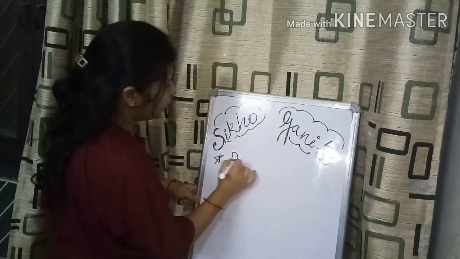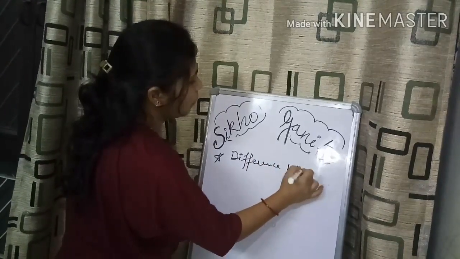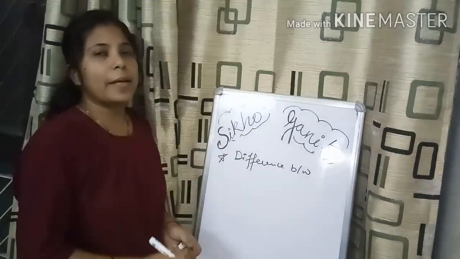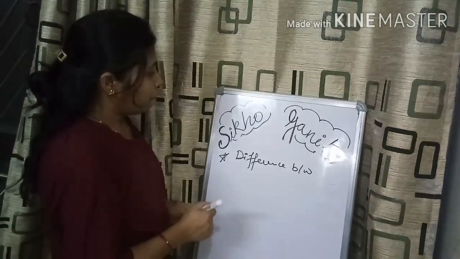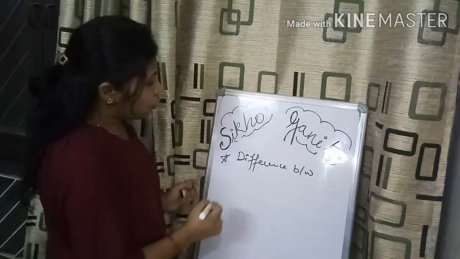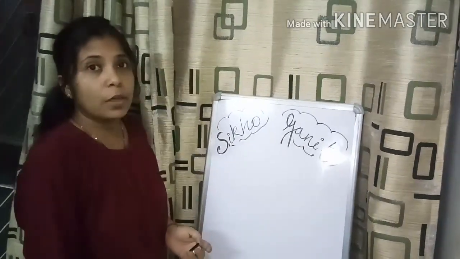Now difference between rational number and fraction. Do you know what is fraction? Fraction is a part of whole.